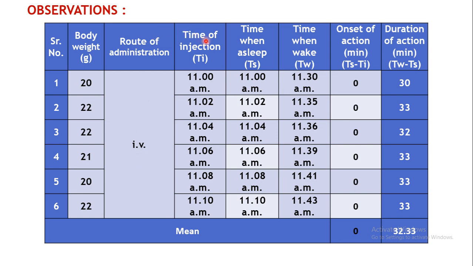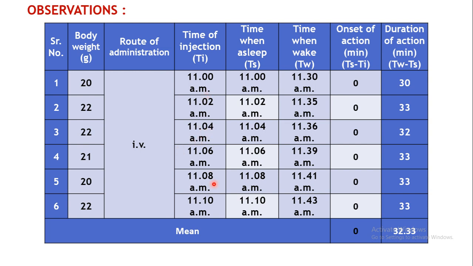This column shows the time of injection, that is TI: at what time you have administered the drug to that particular animal. Here the first animal was administered at 11 am, the second animal at 11:02, then the third one at 11:04, and so on.